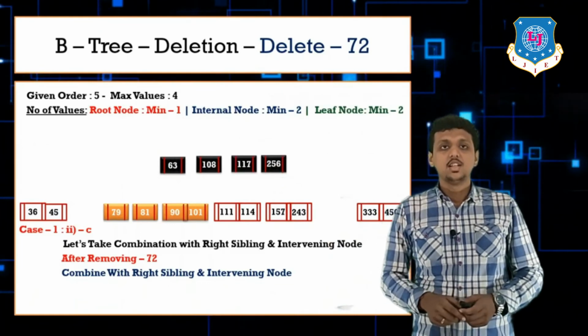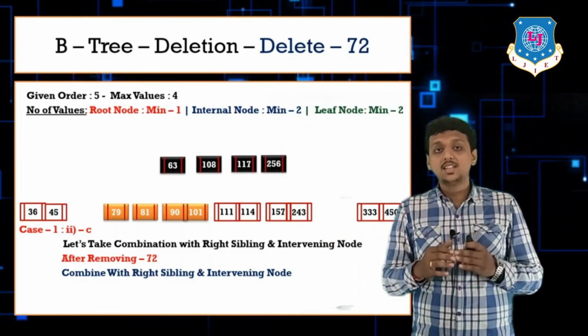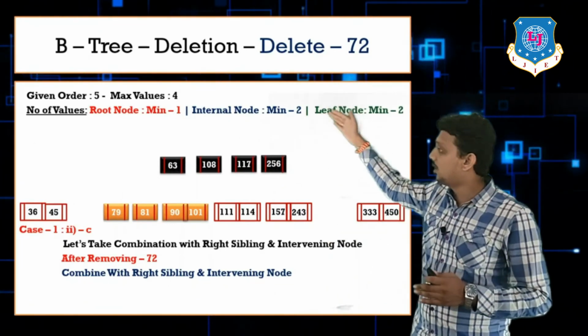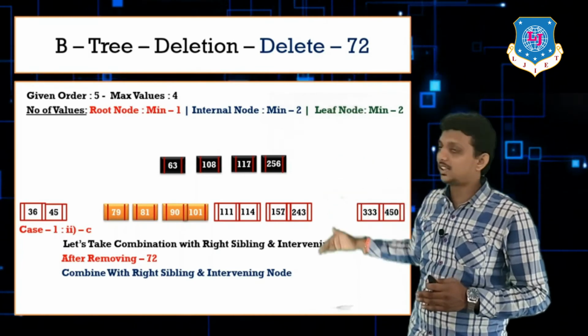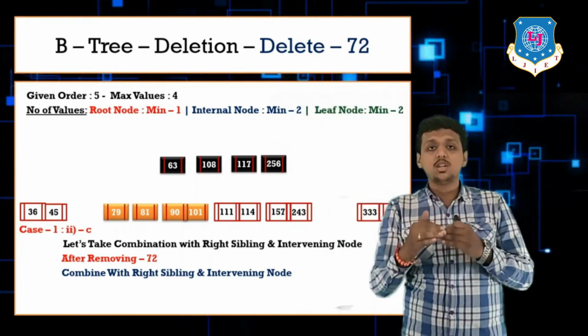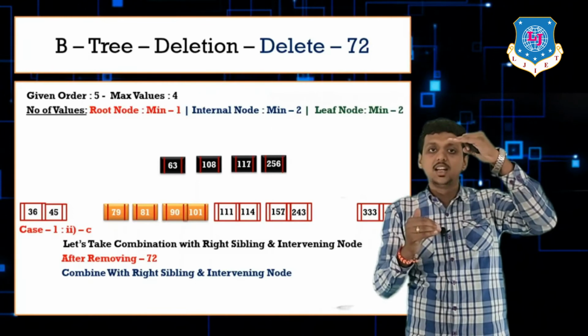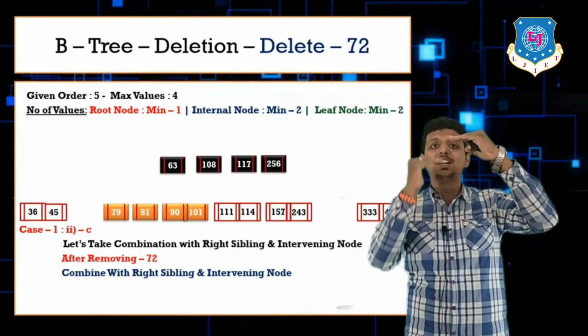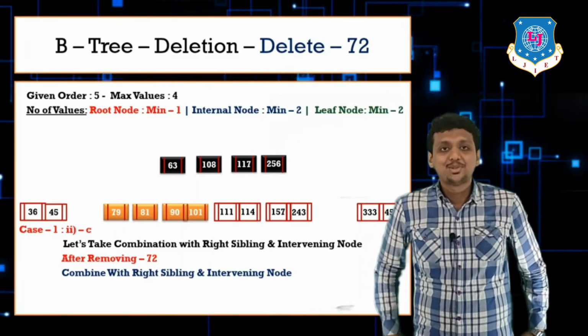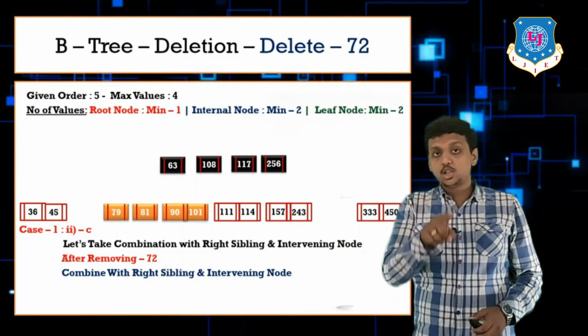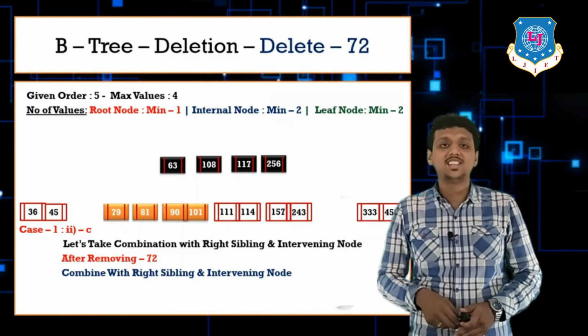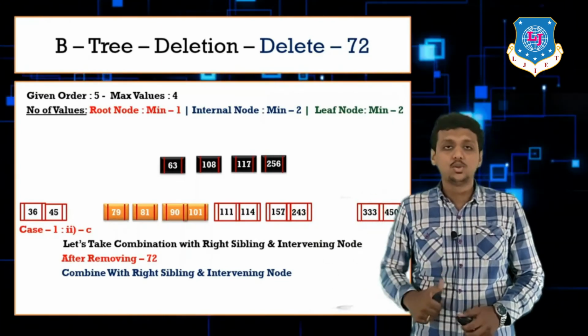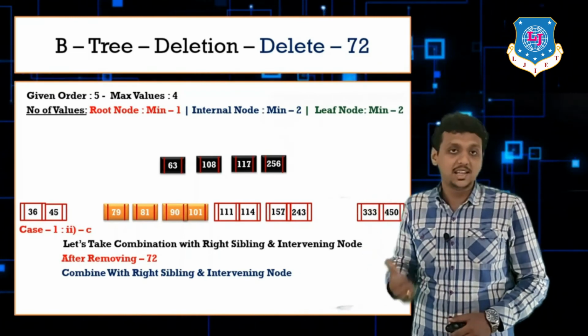Here it is. So now if you can see, the first level is gone, only two levels are there. So in insertion, students, your tree height is increasing. In deletion, B tree height is decreasing. But make sure all leaf nodes must be at the same level. If you follow the rules properly, the leaf nodes must be at the same level.